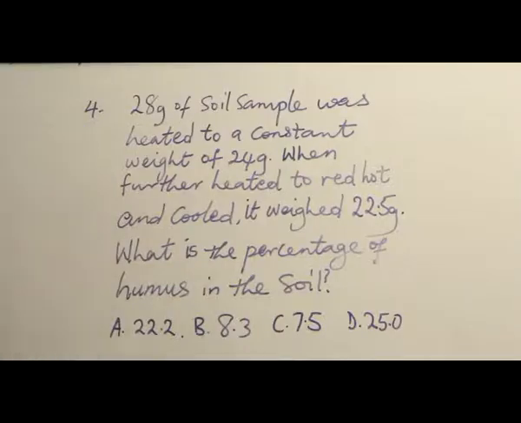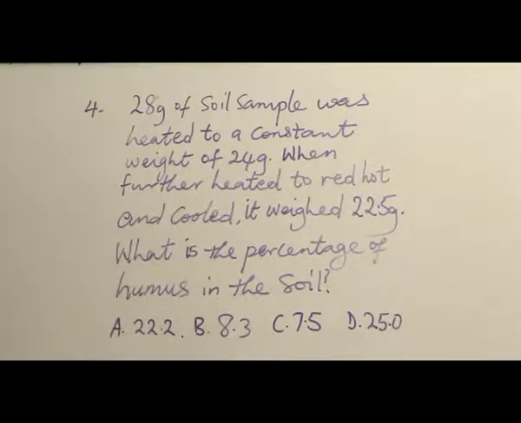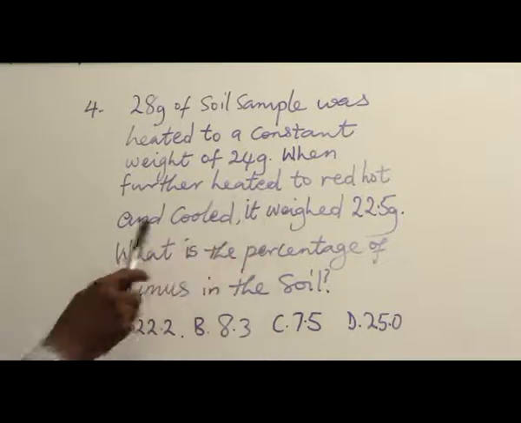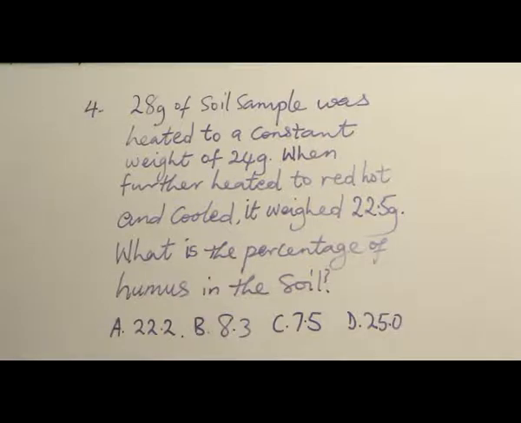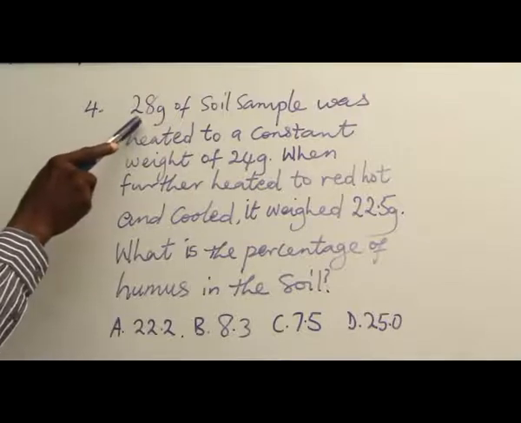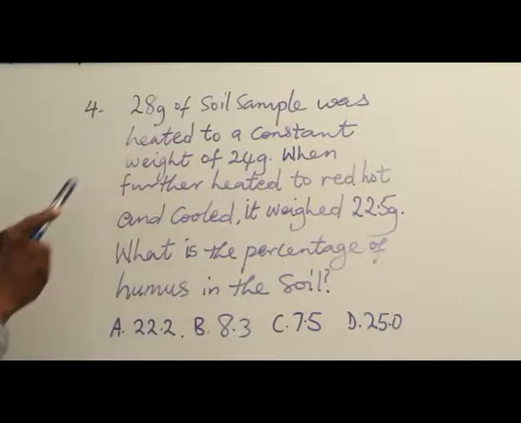Example 4. 28 grams of soil sample was heated to a constant weight of 24 grams. When further heated to red hot and cooled, it weighed 22.5 grams. What is the percentage of humus in the soil? Now, you have to understand the experiment here. The sample soil is just 28 grams, that's the fresh one.